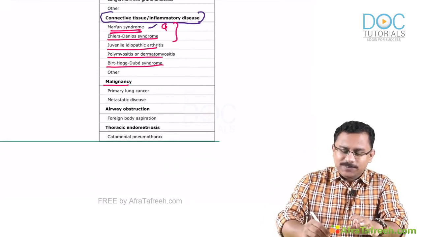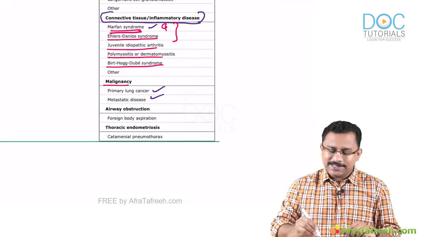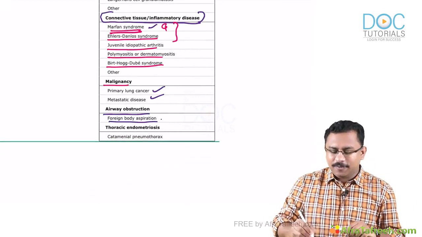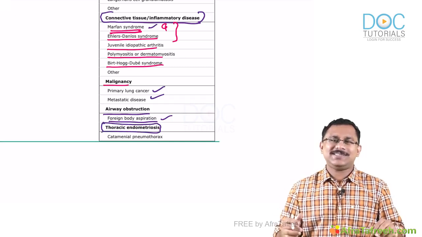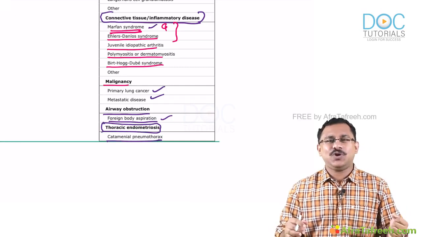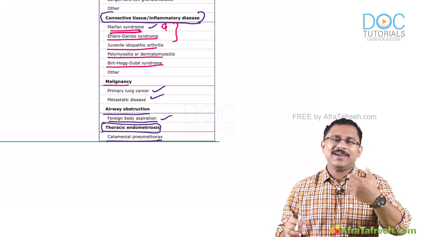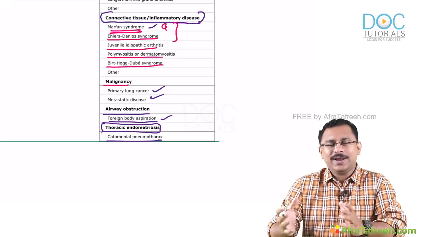Malignancies can also predispose, lung malignancies, either a primary malignancy or a metastasis. Airway obstruction like a foreign body aspiration, and thoracic endometriosis especially can cause pneumothorax, that is called your catamenial pneumothorax. That is, some females associated with their menstrual cycle may develop pneumothorax.